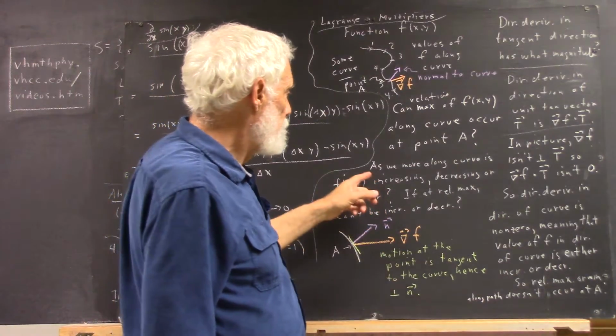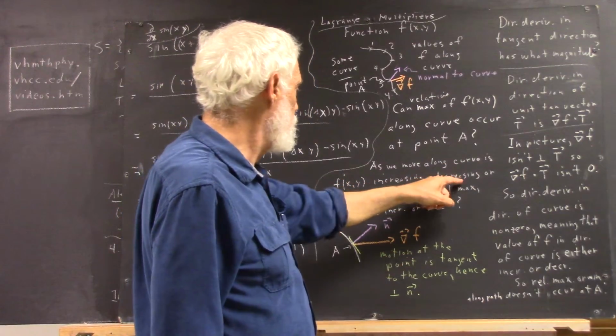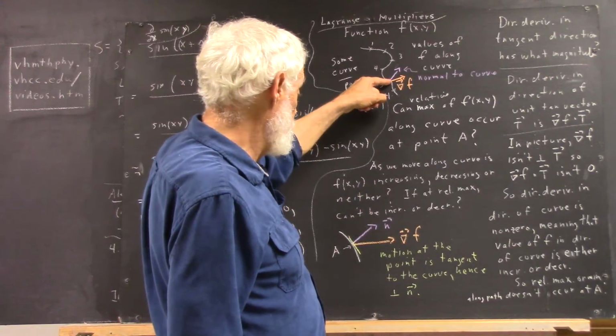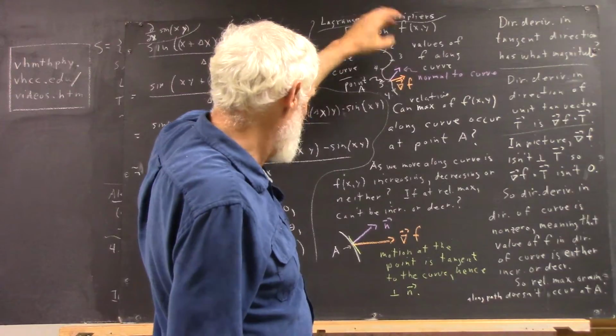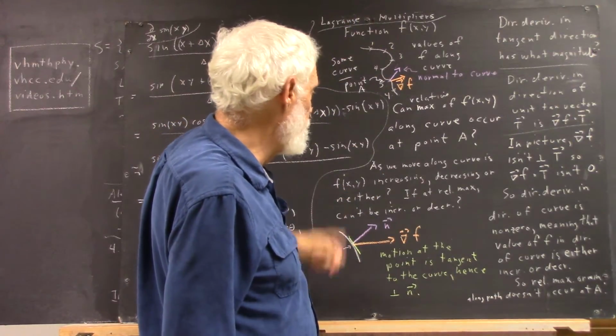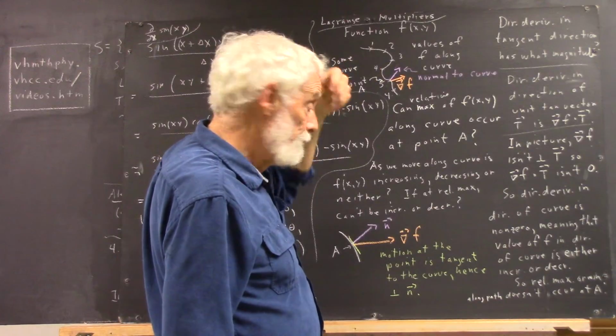The question then is, as we move along the curve, is f of x, y increasing, decreasing, or neither at this point? I've drawn the same situation down here. Things have rotated a little bit, but it's the same idea. We know what the normal is. We know what the gradient is.